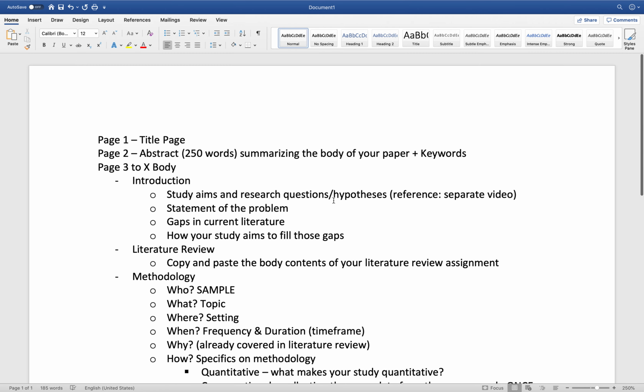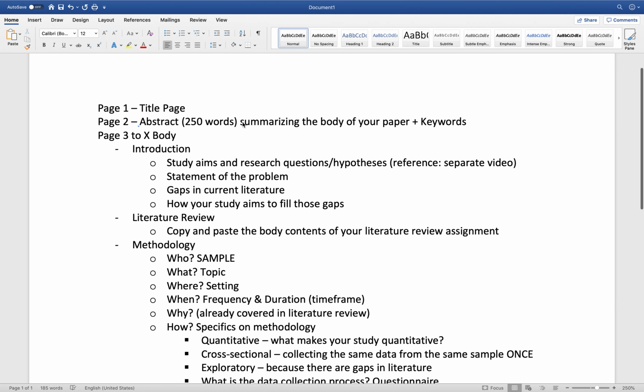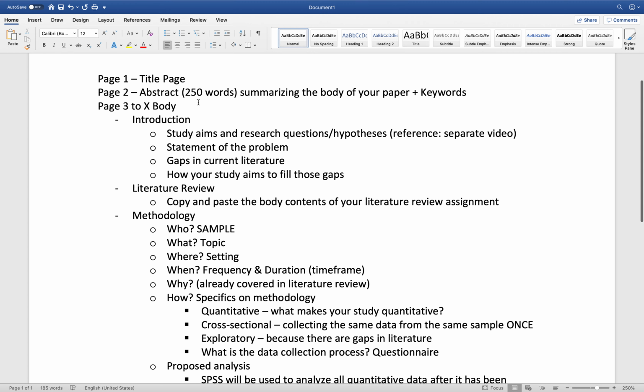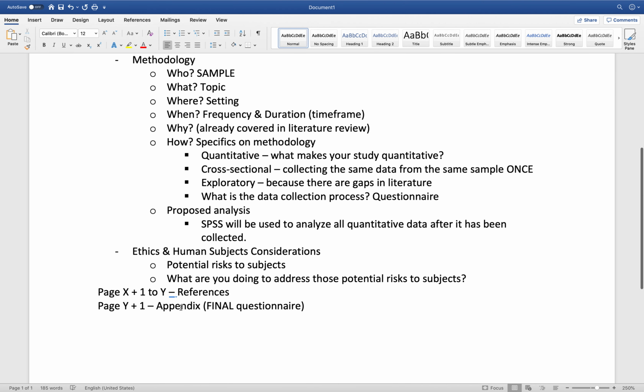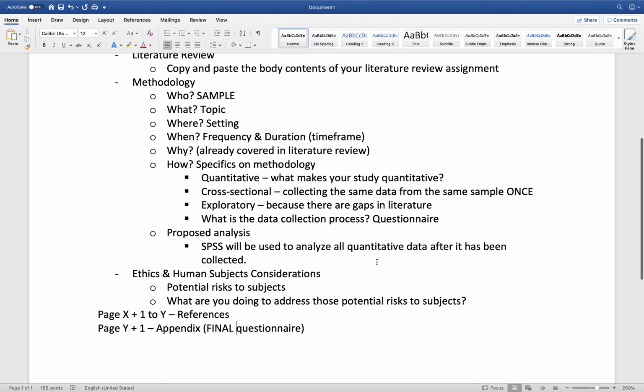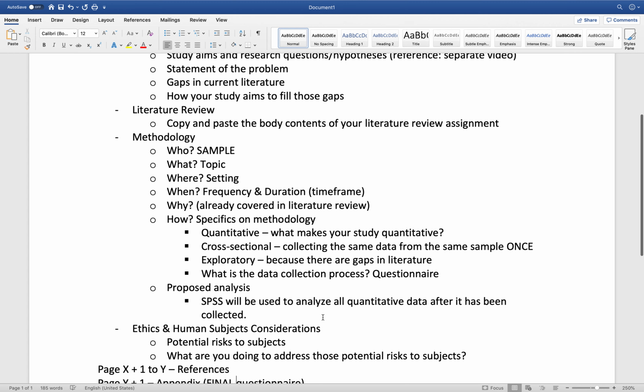So once again, page 1 is your title page, page 2 is your abstract, 250 words summarizing the body of your paper plus keywords. Page 3 starts the body of your paper: your introduction, study aims, research questions, and hypotheses. Reference could be made to the separate video there. Now, for the research questions and hypotheses here, you have the questionnaire from the appendix already, so you'll be able to develop, or you already have developed, all of the research questions and all of your hypotheses.